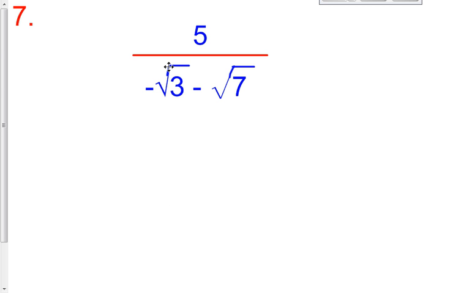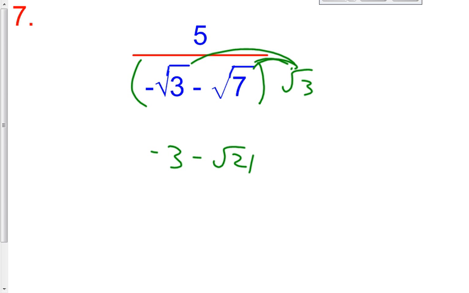Because there's a binomial in the denominator, two different terms, if you were to multiply the whole denominator by the square root of 3, you would have to distribute. So you would get a negative square root of 3 times the square root of 3, which is a negative 3. It'd be the negative square root of 9, which is 3. But now here, you would get a negative square root 21.